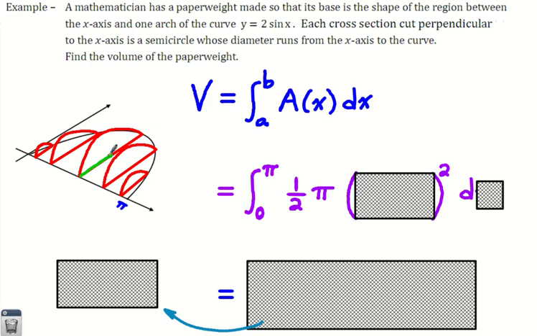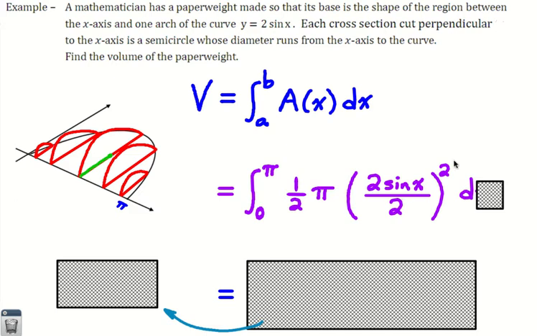Looking at this, I hope you realize fairly quickly that the entire diameter you can represent as the function because it's going from the x-axis out to the curve. So the entire diameter is basically 2 sine of x. But since we just want the radius here, we have to divide that in half. So the radius is going to be 2 sine x divided by 2.